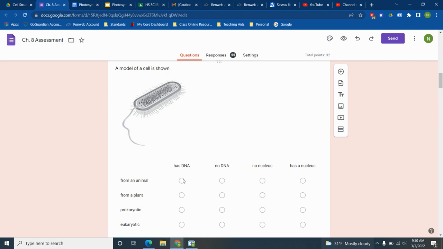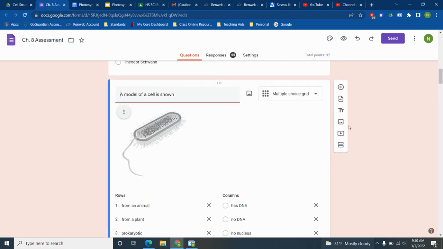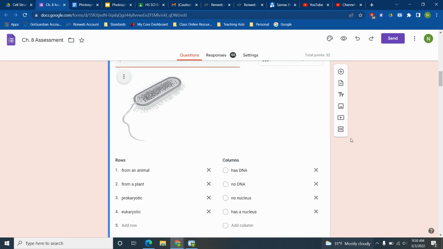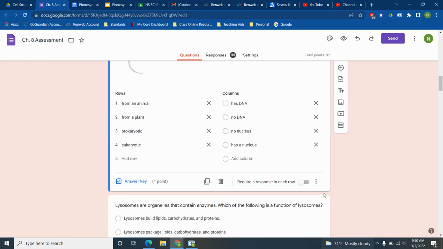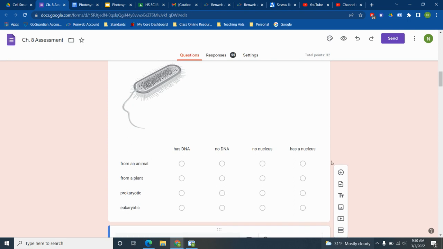It's a multiple choice answer. So this way it doesn't let you choose more than one in that option. Like you couldn't say no nucleus and no DNA. It limited it. But there isn't a way to limit it to where only one option is chosen, so you could choose more than one.